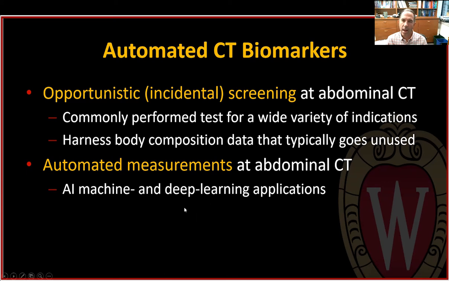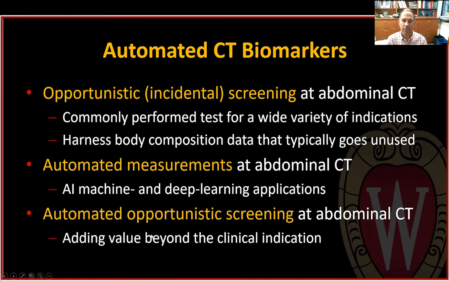The way we're applying them here is more as a static tool. There's no learning going on during the study I'll be talking about; it's really applying those tools that got to the point of being robust in a static format. So putting that together, we're talking about automated opportunistic screening at abdominal CT and trying to add value to what we're doing.